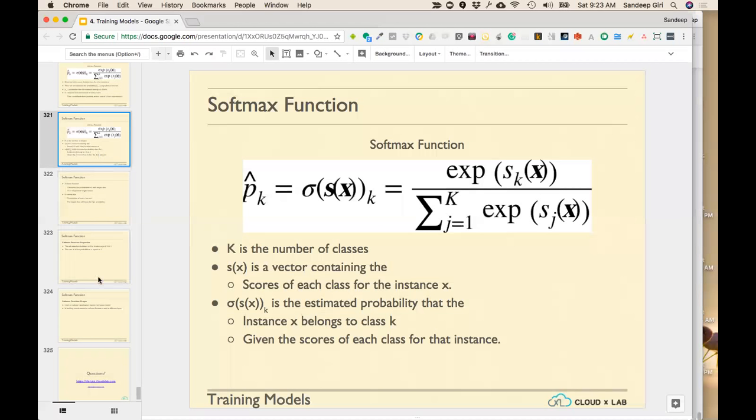So essentially, the softmax function is good for multi-class classification using the same linear models and without having to do OVA. The way it works is by computing the probability of one instance and then maximizing that probability, by using a similar minus log p kind of cost function. So this is basically the softmax function.